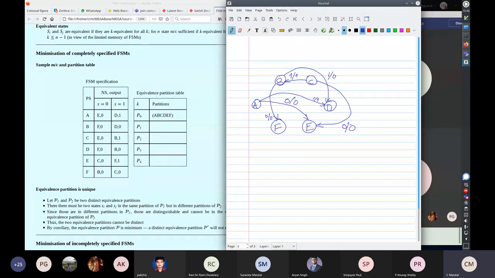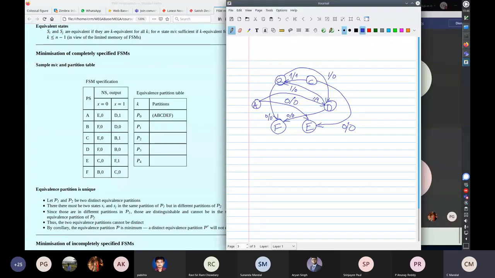From D on input 0, you go to F, output is 0, and on input 1, you go to B and you output a 0. Alright, I'm just completing it.